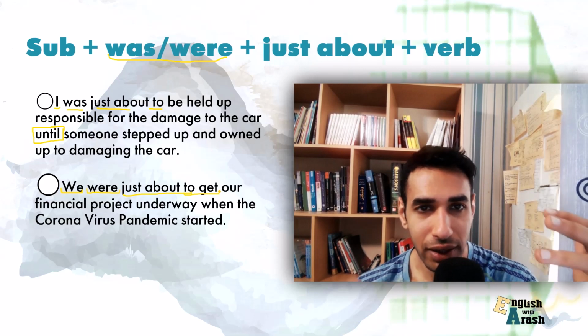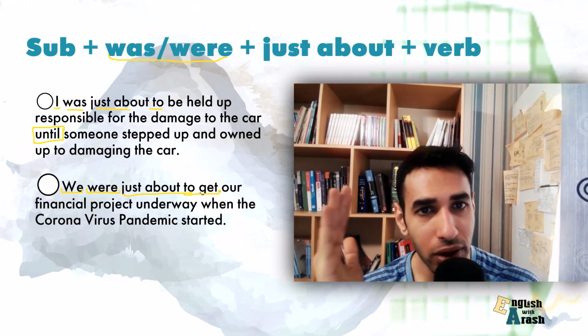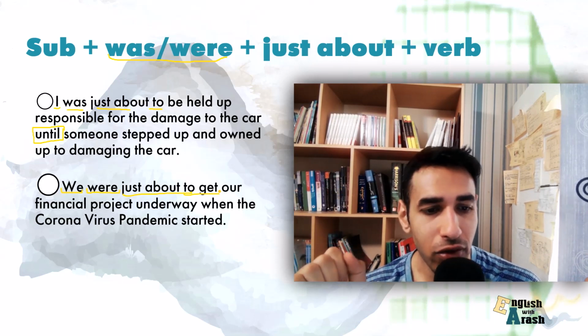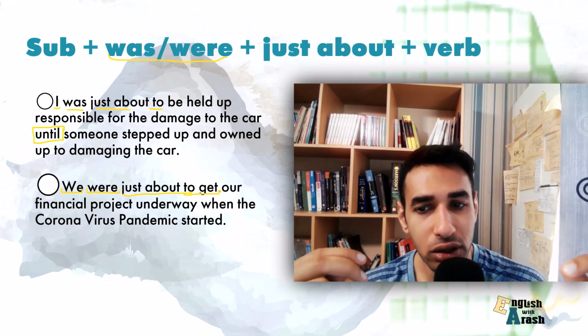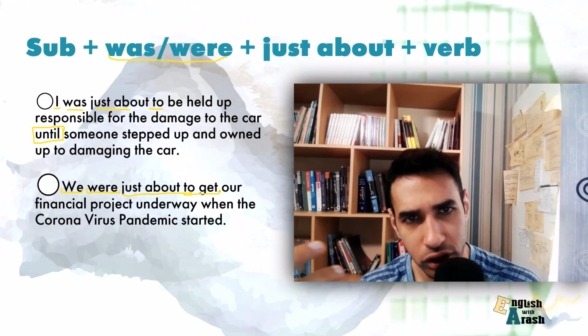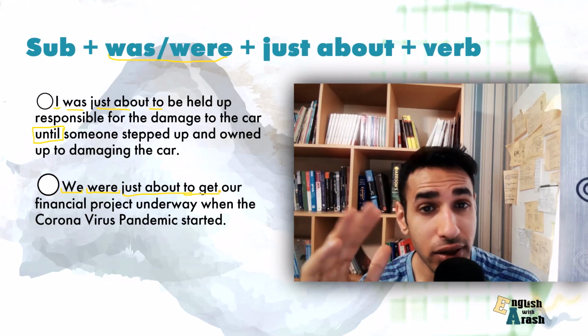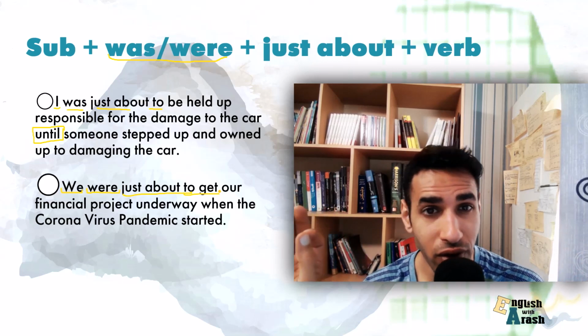So we were going to do something in the near future, but that was interrupted. We planned to start a new business, or maybe a project, a financial project, but we didn't. The action was interrupted due to coronavirus.